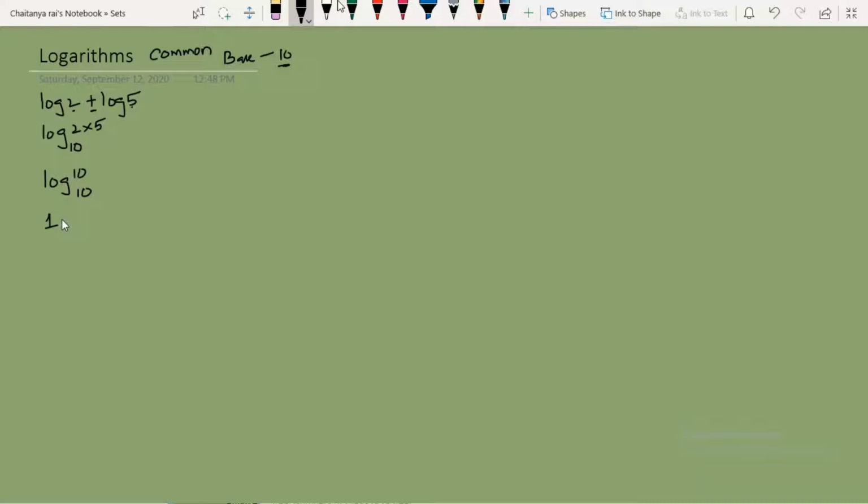Similarly, we will solve one more problem: log 16 to the base 2 minus log 2 to the base 2. So we need to simplify this one and find its value.